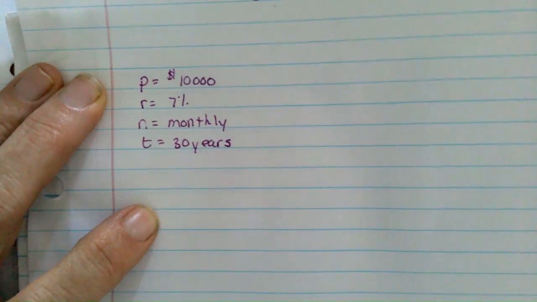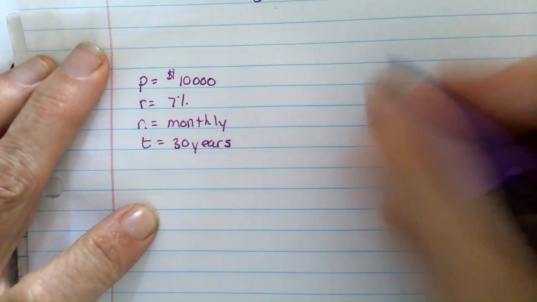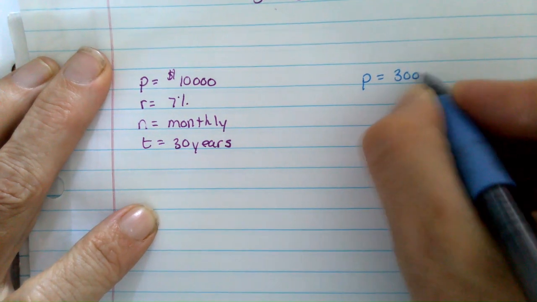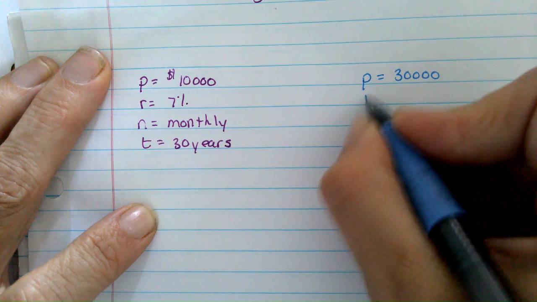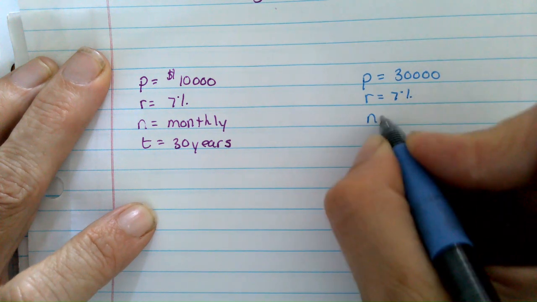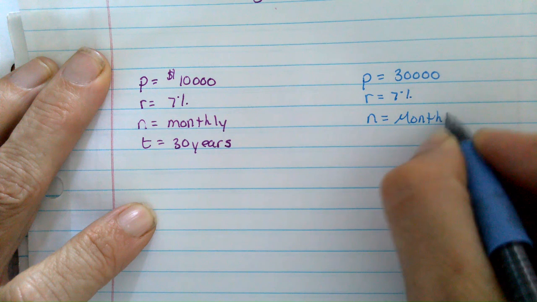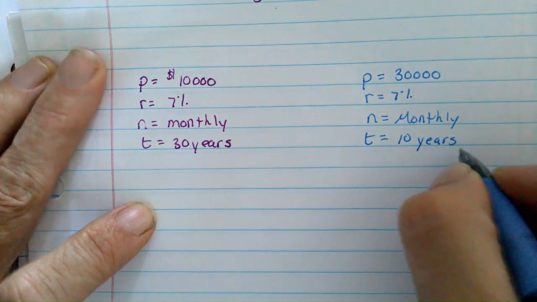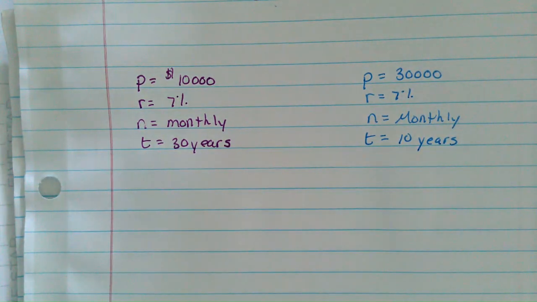Or $30,000, still 7%, still monthly, 10 years. If you were to get the money today, let's say it matured today, the purple one matured today, the blue one matured today, which one's the better deal for you to get today?